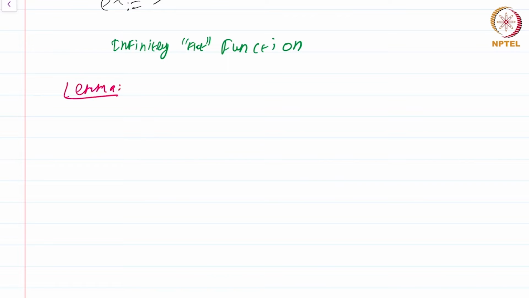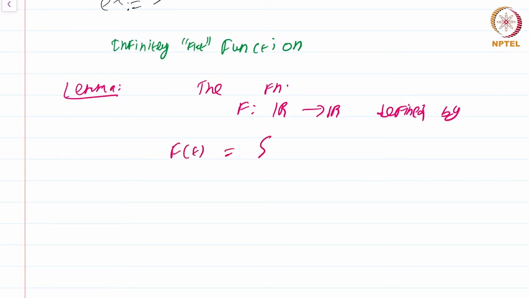Lemma. The function f from R to R defined by f of t is equal to e power minus 1 by t if t is greater than 0, and 0 if t is less than or equal to 0, is smooth.